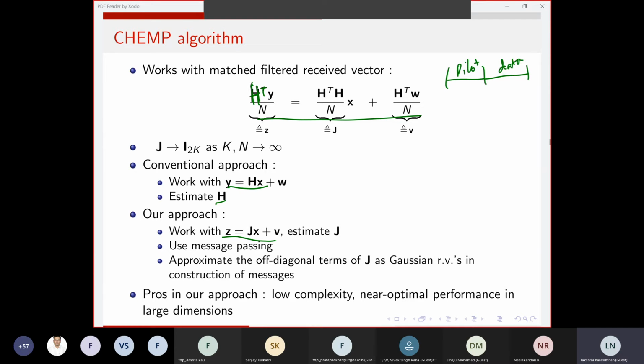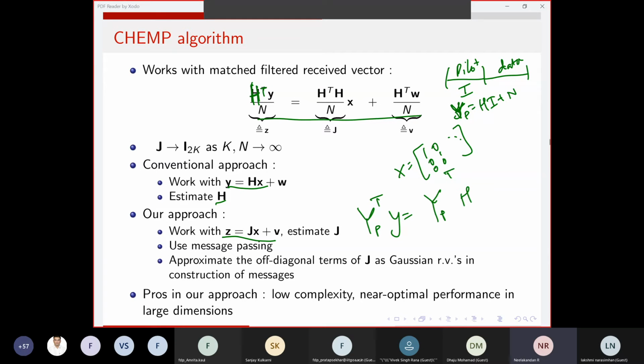In the pilot phase, I'll transmit an identity matrix, that is X will be of this form. Now let's say I receive something Y_P here. So Y_P will be H times the identity matrix plus some noise. Now, instead of H transpose, I'll use Y_P transpose.